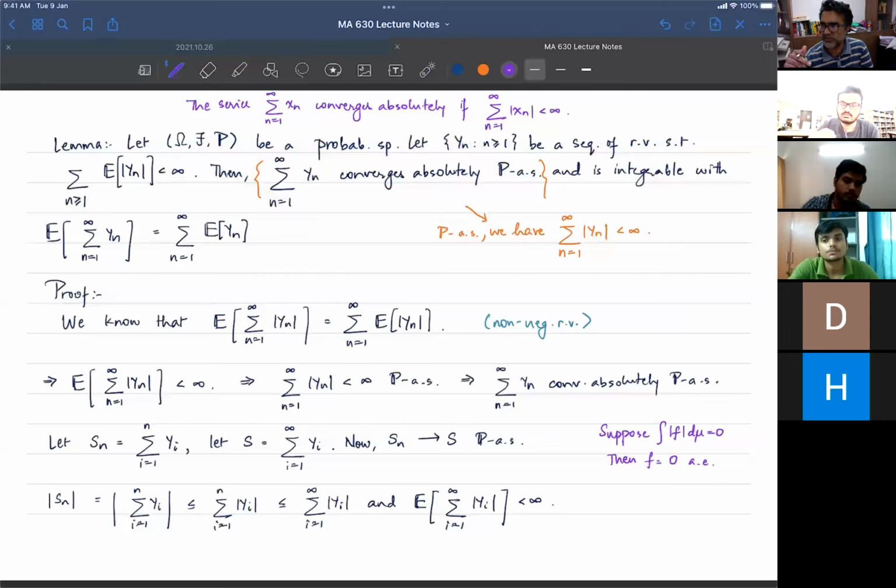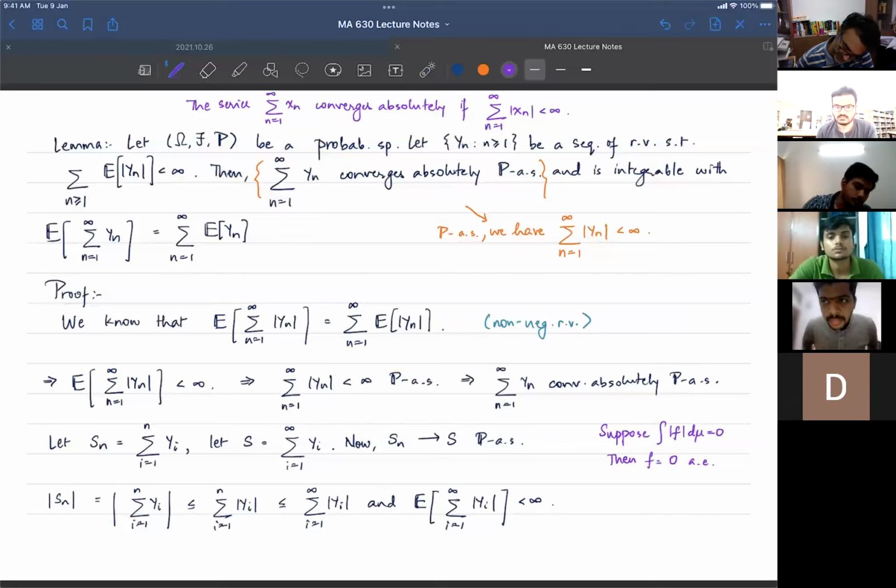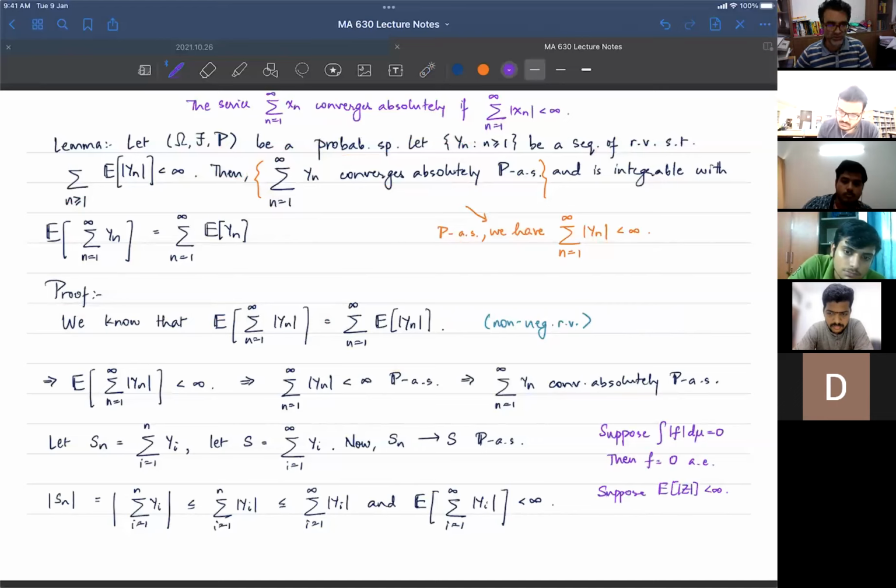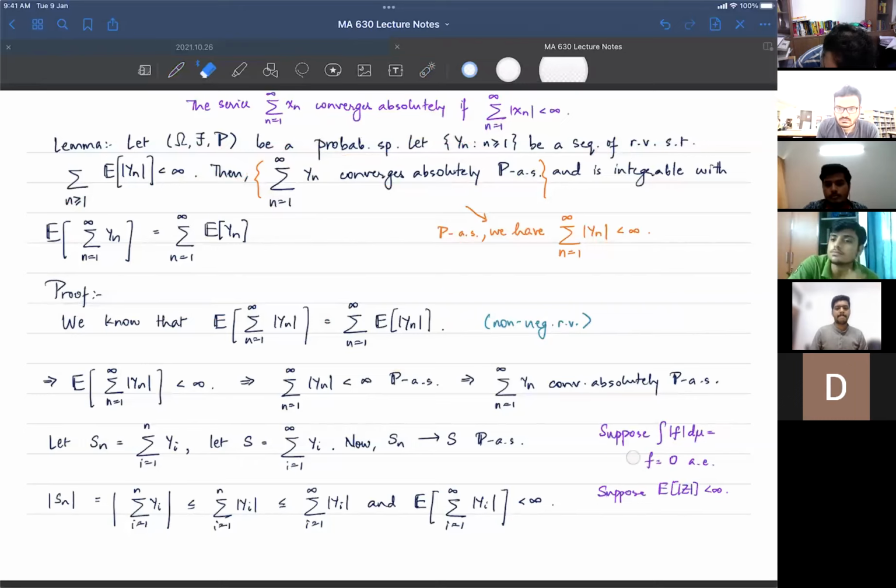If you translate it into random variables, what you're saying is, suppose, I'll use a different letter here, suppose the expectation of the absolute value of Z is finite. Oh, no, sorry, that's not what I want. This is the true statement. What I wrote down is true, it's not false. But this is what I actually wanted to say.